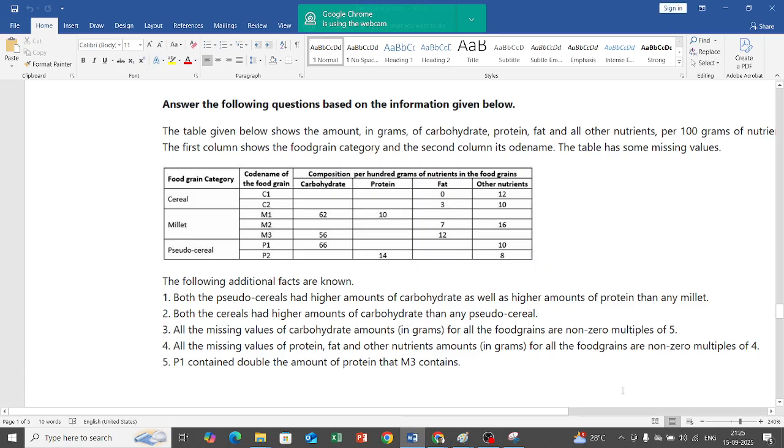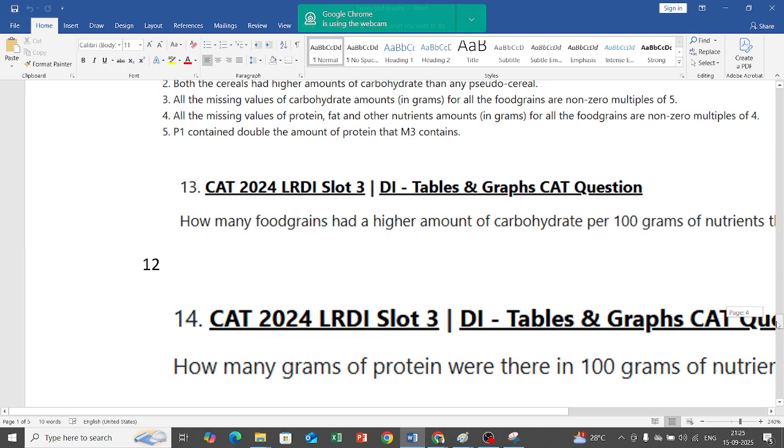Now let us come to the questions. Questions can easily be done now because we have done with the table.